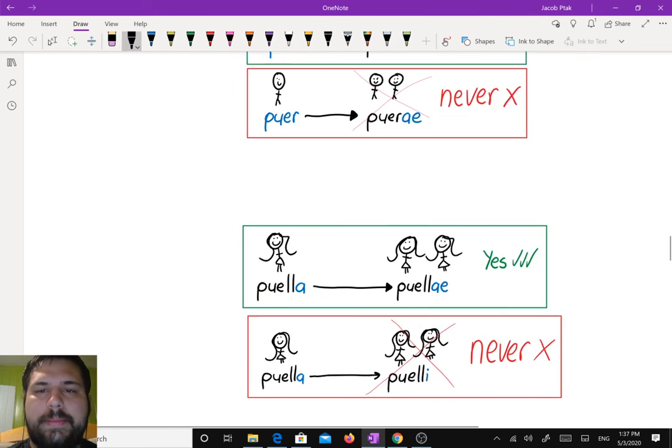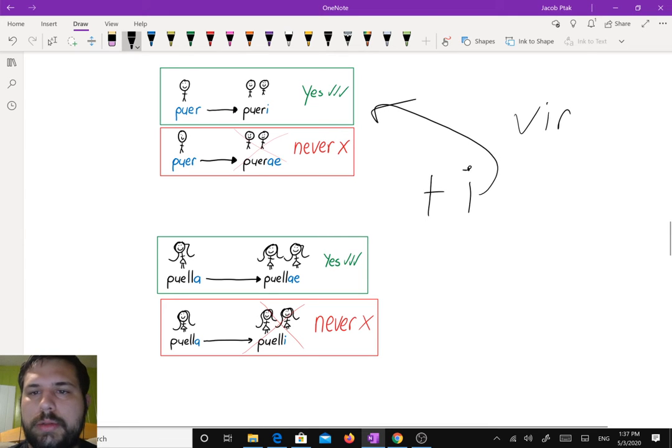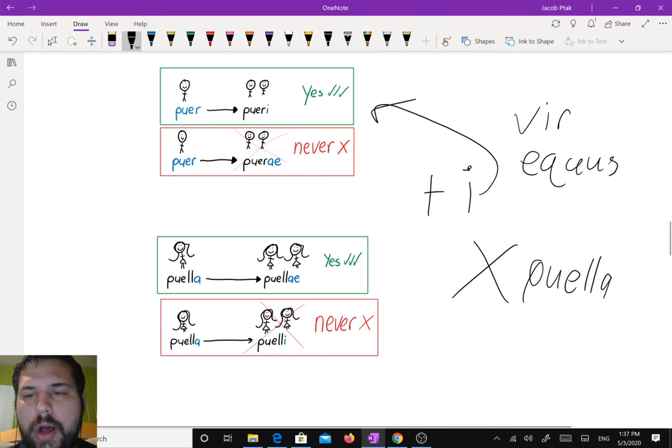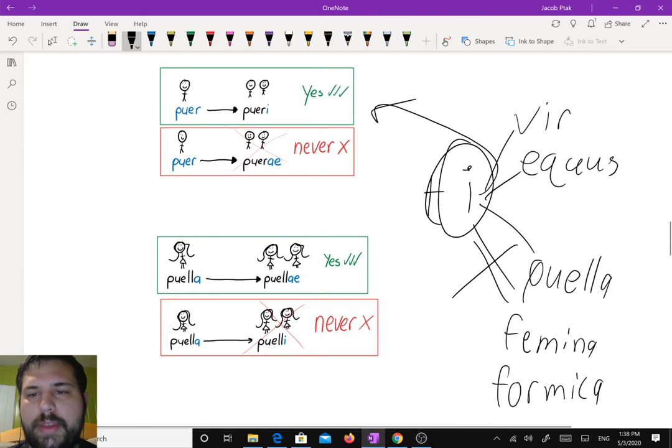So this letter I, like add an I, it's right for puer, it's right for vir, it's right for equus, and a lot of other words. But it's wrong for puella. It's wrong for femina. It's wrong for whatever the third word I used was, formica, ant. And a lot of other words. That's the letter I. It's right for these and wrong for these.